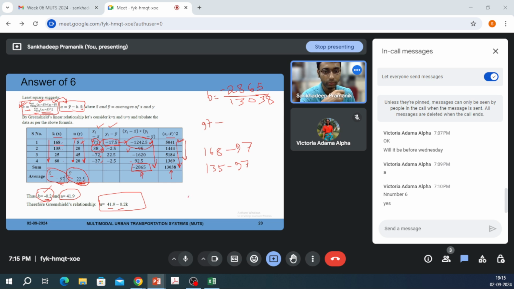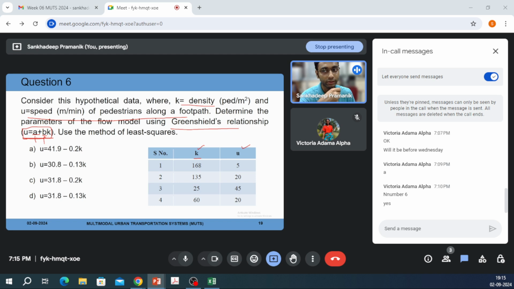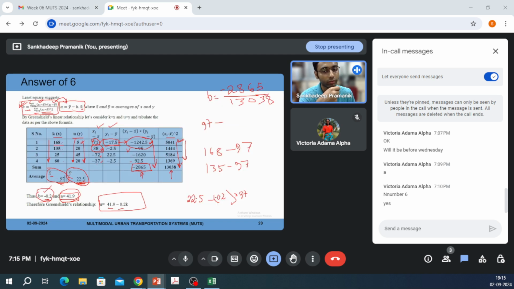So it will be 22.5 minus minus 0.2 into 97, so it will come as 41.9. So for this equation we have got a, which is 41.9, and b, which is minus 0.2. Through that we can develop this equation.